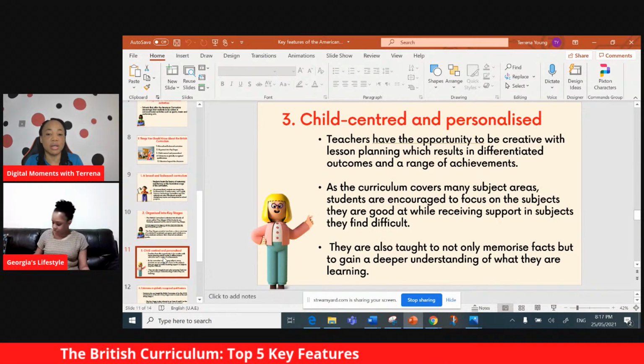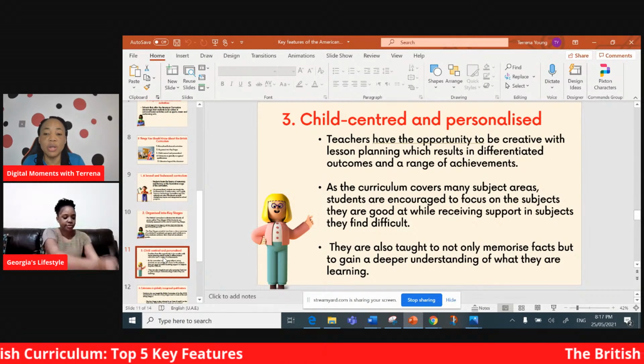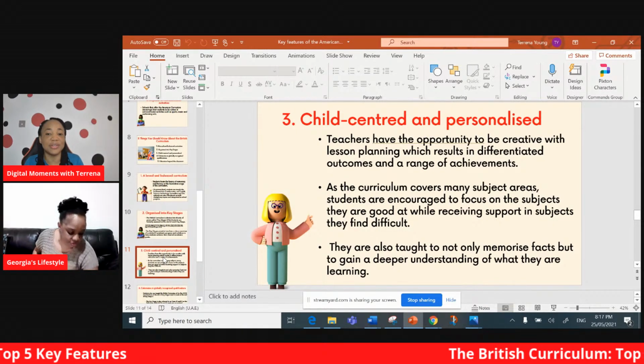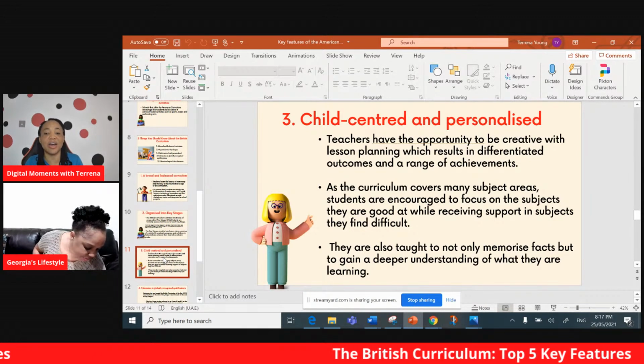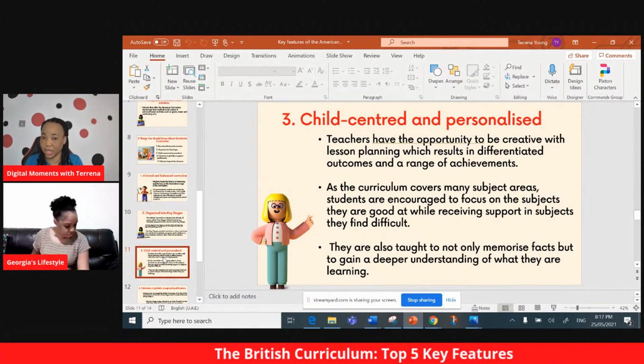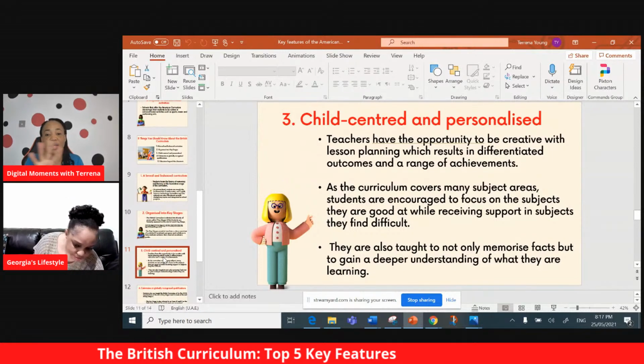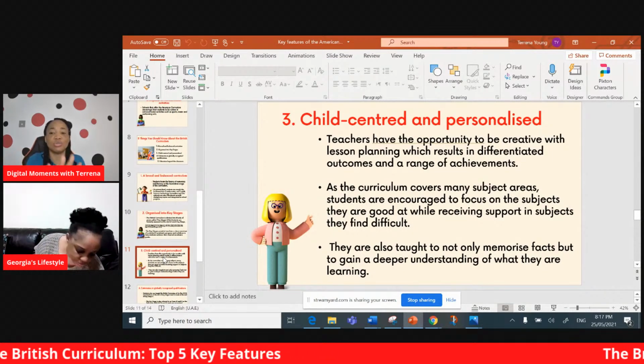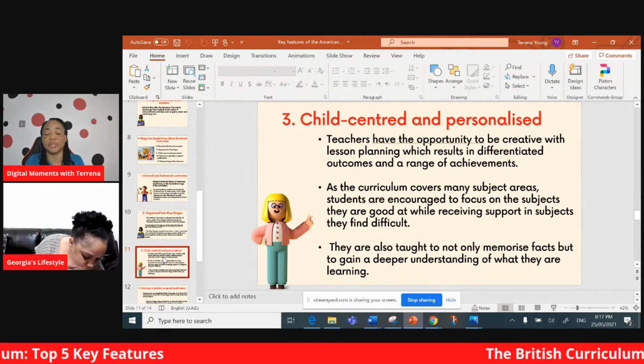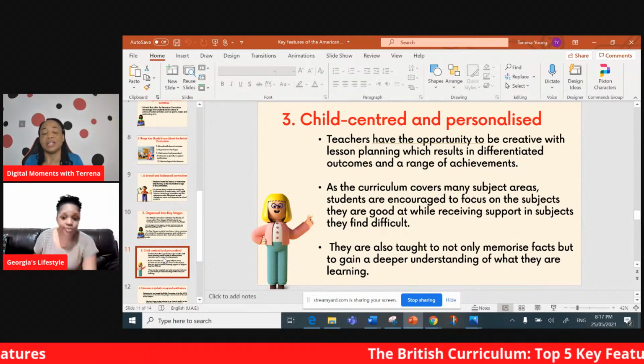They are also taught to not only memorize facts, but to gain a deeper understanding of what they are learning.